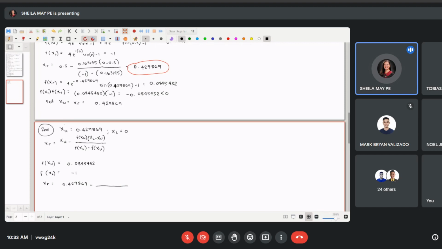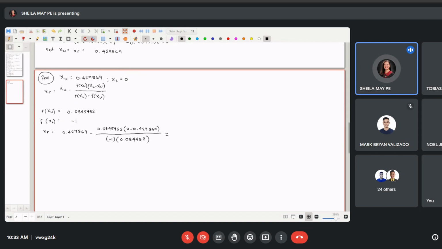So that's function of x sub u, 0.429869. So that's function of x sub L, 0.084452. So how much is that?